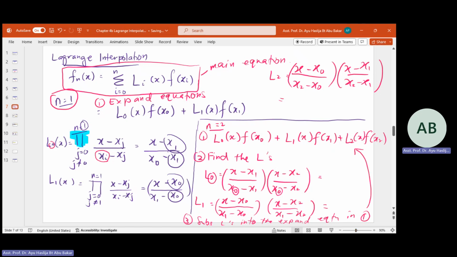Plug into this, then you will find what is your f2 of x. Okay, up to there. 2 minutes for you to digest.